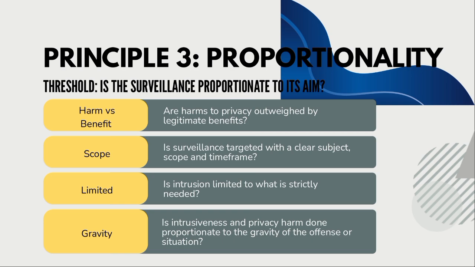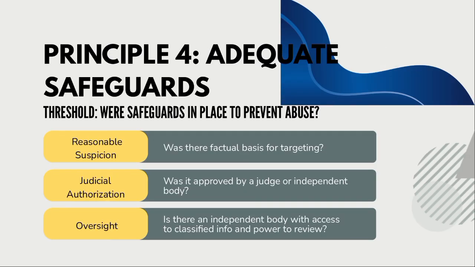Is intrusion limited to what is strictly needed? Then we need to ask about the gravity. Is the intrusiveness and privacy harm done through surveillance proportionate to the gravity of the offense or the situation? If all four pass, then we move on to the next stage. But if any of these fail, then this is a human rights violation.